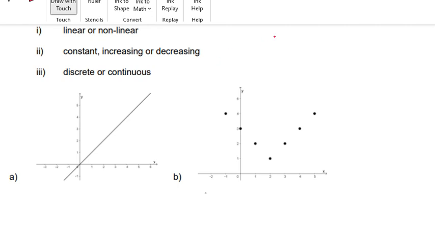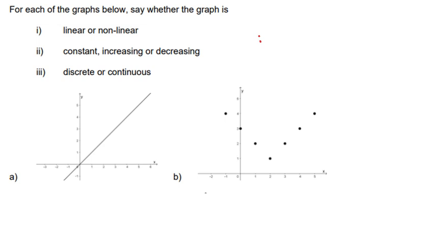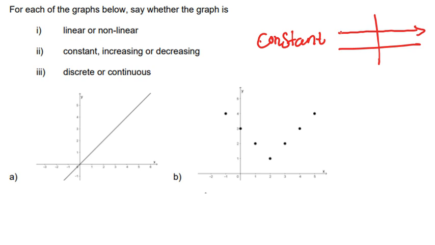So a constant graph is a graph that has only one y value, which means that it only cuts the y-axis and it goes constantly. This is how you can have a constant graph.